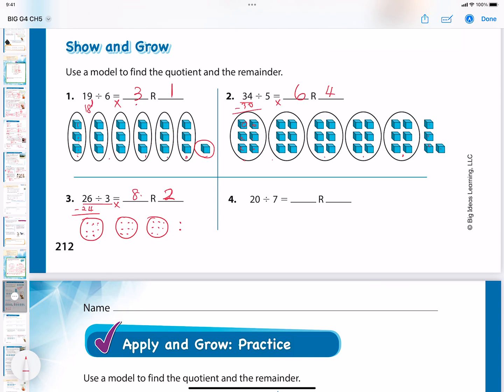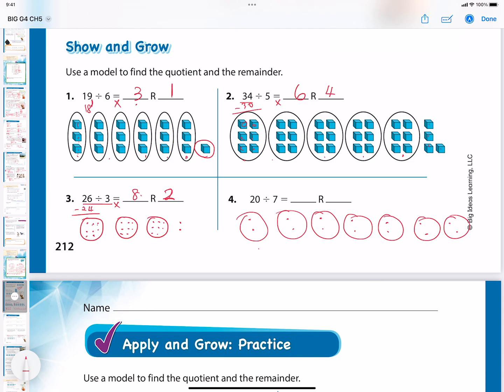7 equal groups. 1, 2, 3, 4, 5, 6, 7. And let's put this 20 into 7 equal groups. 1, 2, 3, up to 14. Hold on, 14.